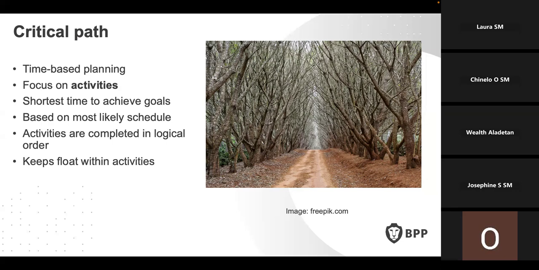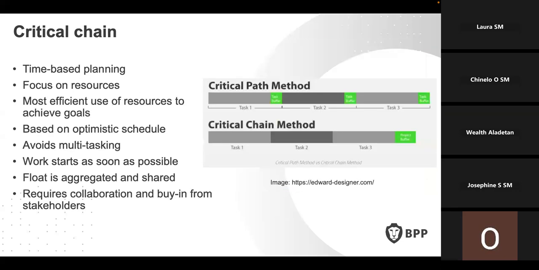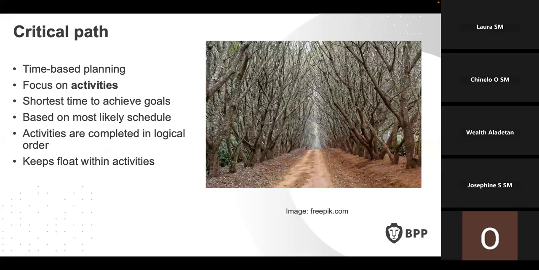So note that. What about critical chain? The critical chain is time-based planning, but the focus is on resources. Remember, for critical path the focus is on activities, the shortest time to achieve a particular goal.